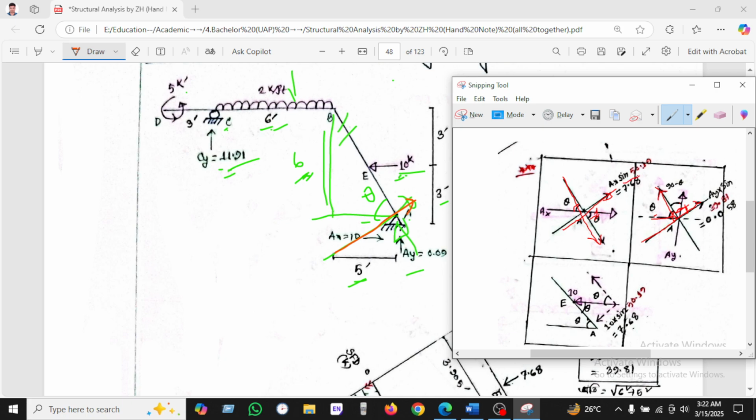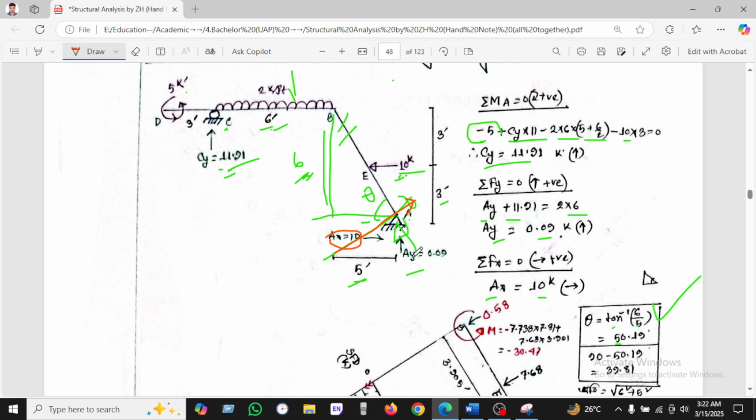That's why we will be using sin theta, which is 7.61. So this value will be 7.61. Okay, so 7.61 is coming from the 10 kip load, and we have found another, Ay, which is upward.